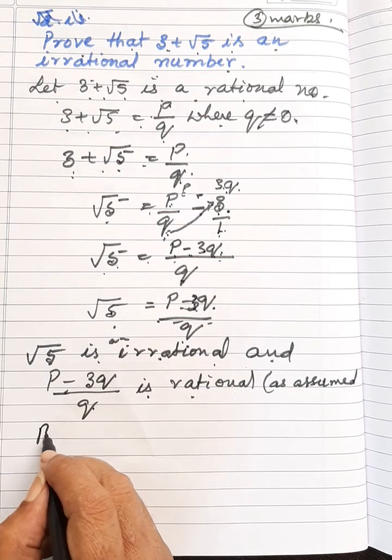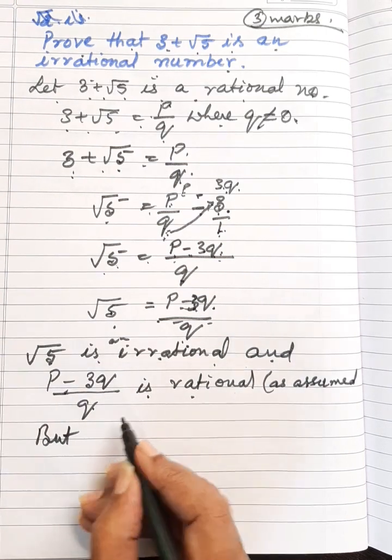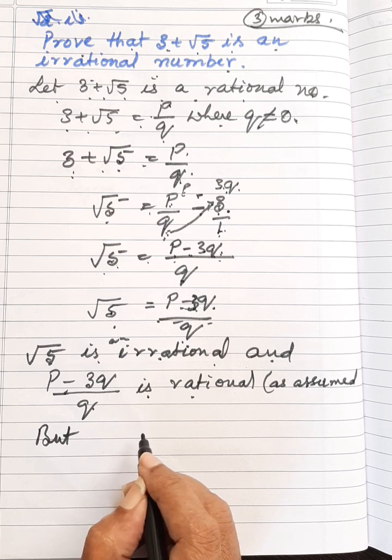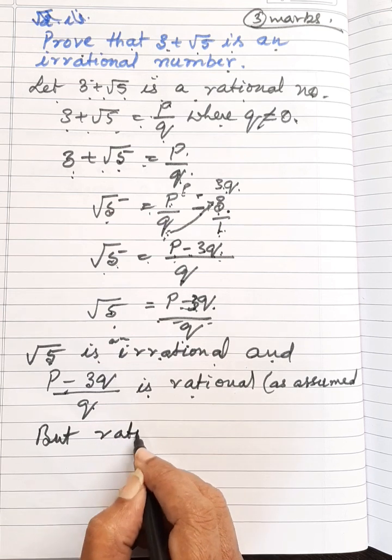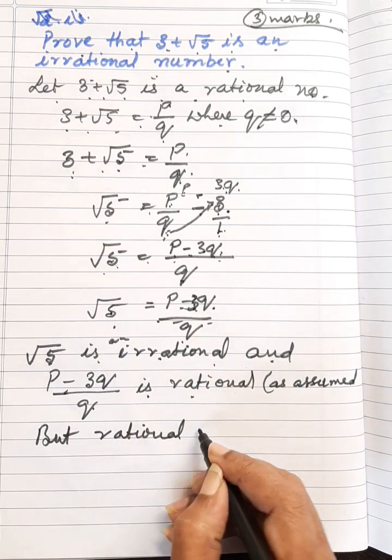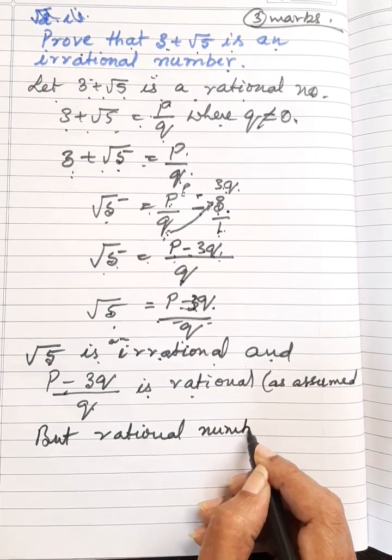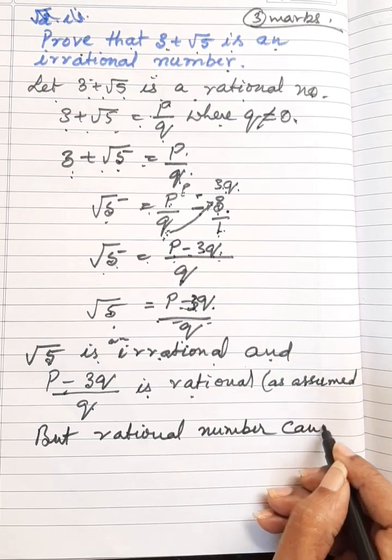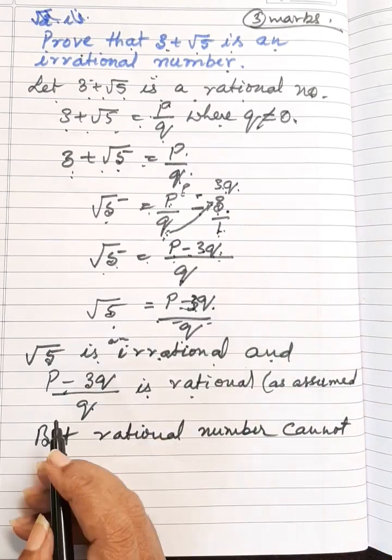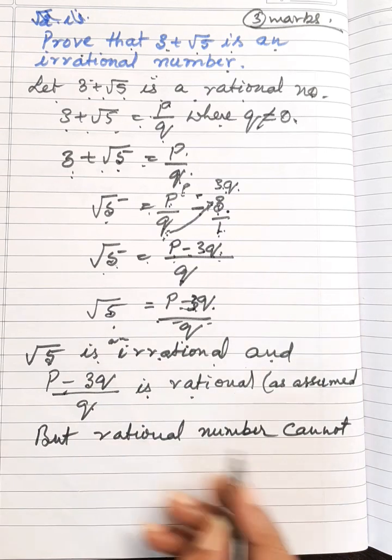But a rational number cannot be equal to an irrational number.